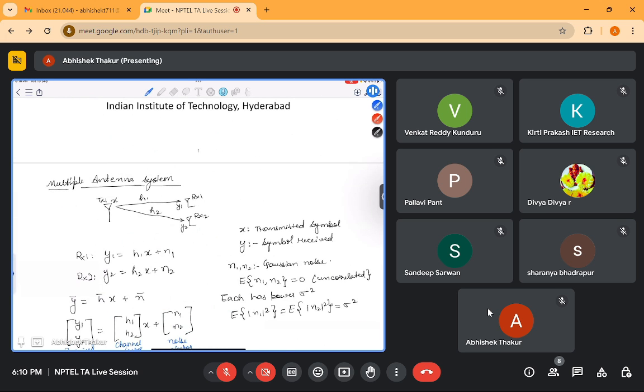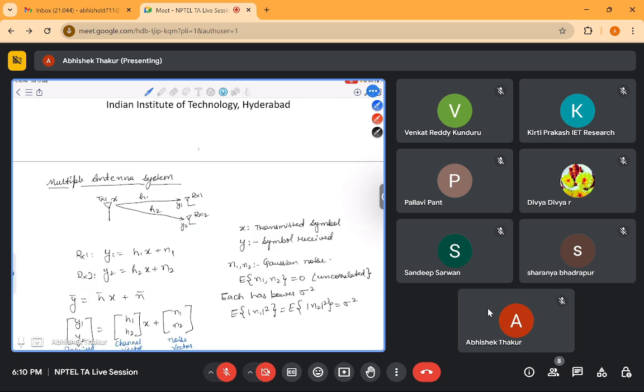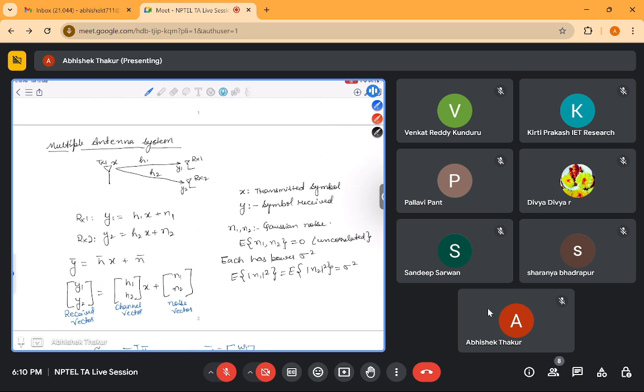For those who have joined late, we were discussing the multiple antenna system, where we have written the received symbols y1 y2 in vector form, y bar is equal to h bar x plus n bar.